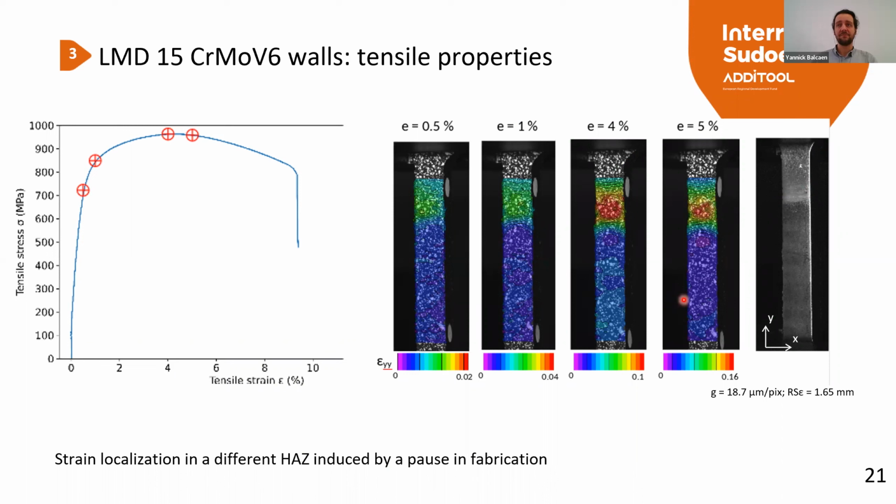So the mechanical properties measured on this tensile stress-strain diagram are not the real mechanical properties, because we have a microstructural gradient, a slight modification, and we observe a strain localization in this kind of heat-affected zone. It's due to a pause during the building of the wall and a different thermomechanical history in this area precisely.